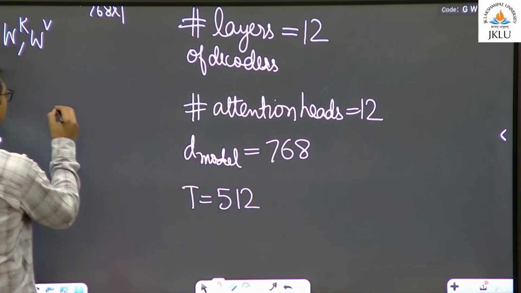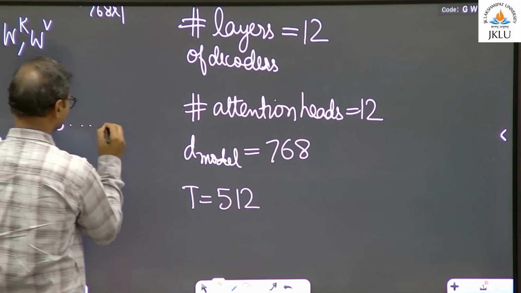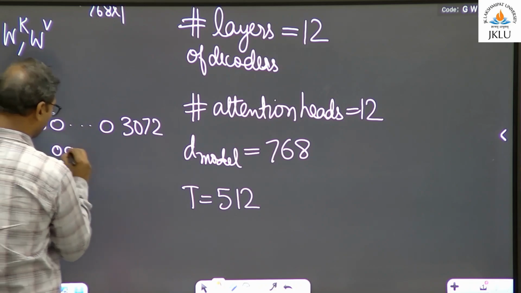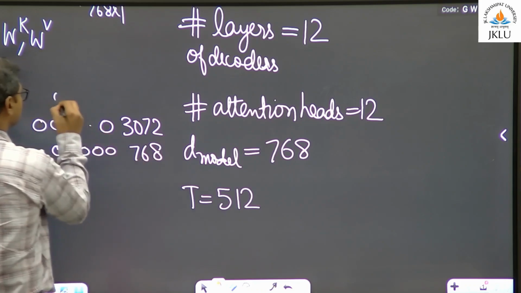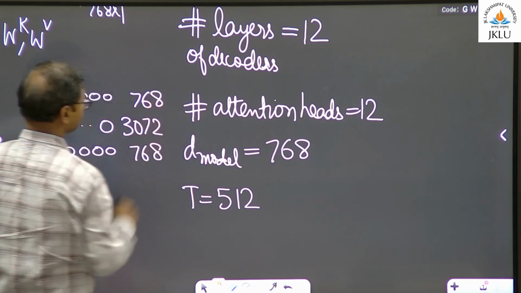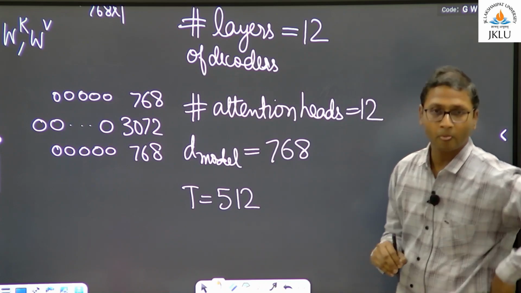Just to reiterate, how does each feed forward network look like? 3072. Of course, it has to receive a 768 dimensional thing and output a 768 dimensional thing here.